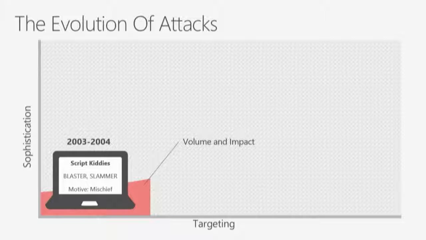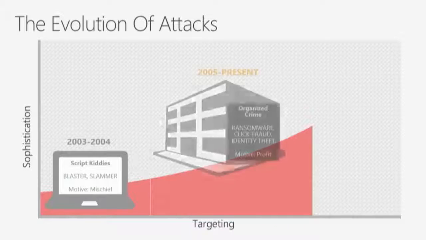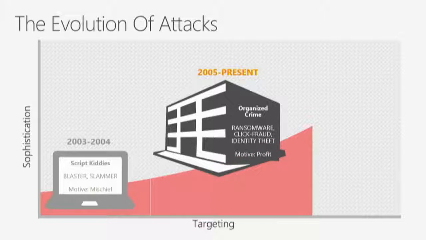But the motive was mischief. When we get from 2005 to the present, in many cases, it is around profit. Whether it's organised crime, just one person doing it, or a group of people specifically going out and targeting people, often it is around profit and things like ransomware and identity theft.